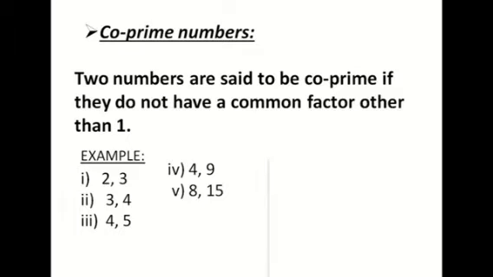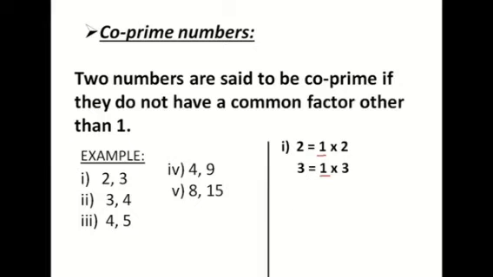For 2, 1 2s are 2. For 3, 1 3s are 3. So what are the common factors here? Only 1. You can see I have underlined the common factors, and that is only 1. So that's why 2 and 3 are co-prime numbers.